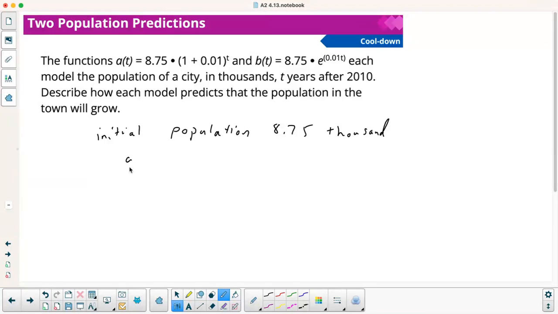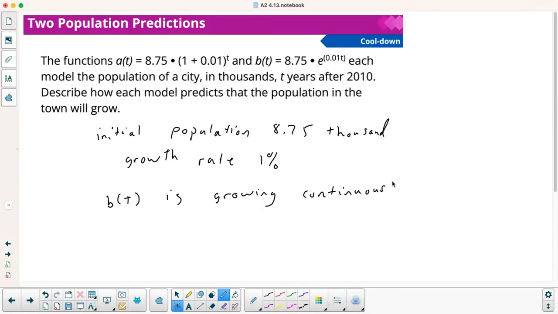Our growth rate is 1%, because this is 1 plus my rate, and this is just my rate right there. B of t is growing continuously, and A of t is only growing once, at the end of every year.